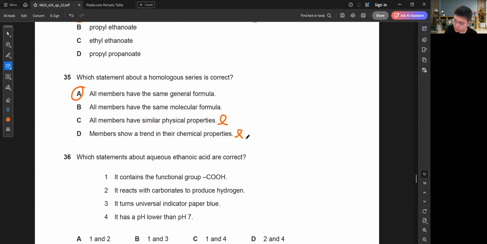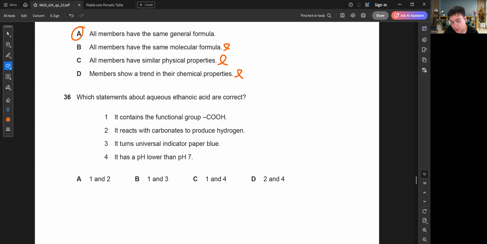Show a trend? Not really, it's not showing a trend. They should have the same chemical properties. Same molecular formula, no, because the molecular formula is a different way of saying structural formula. So they only have the same general formula. So that is 35.